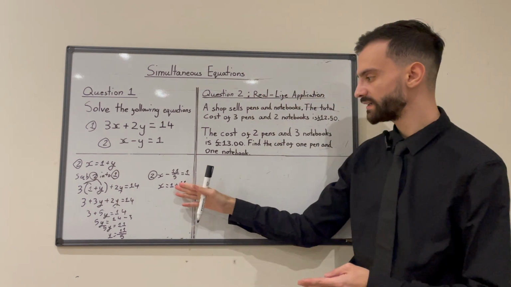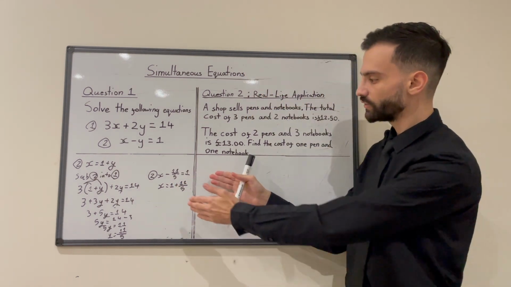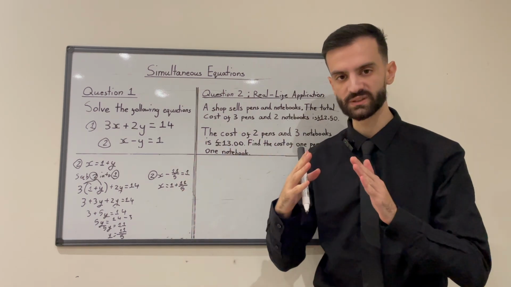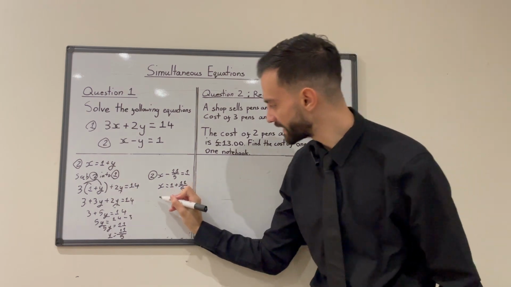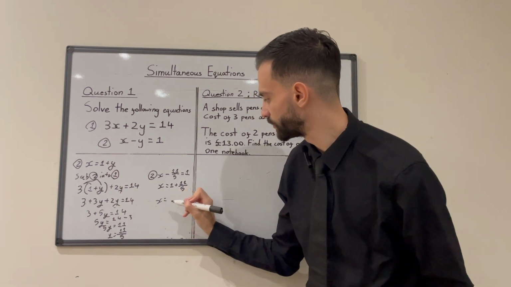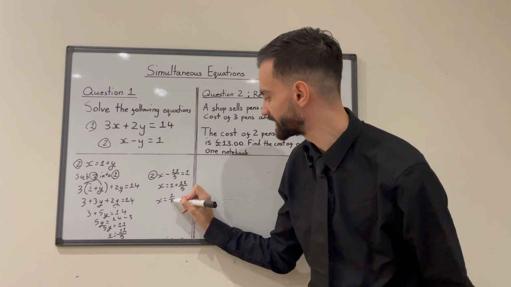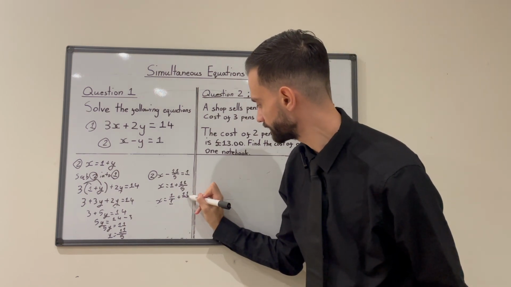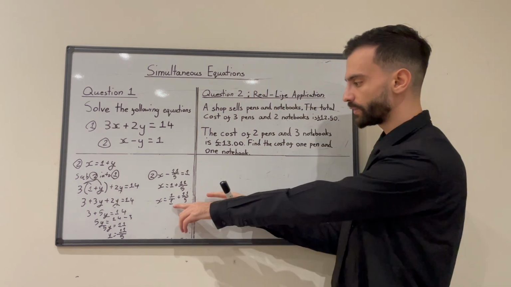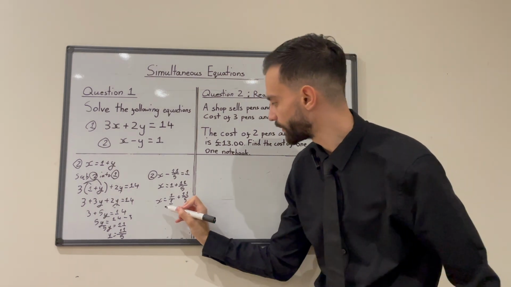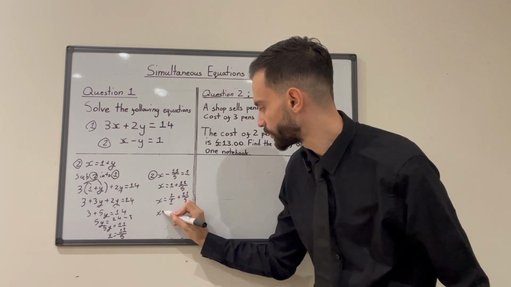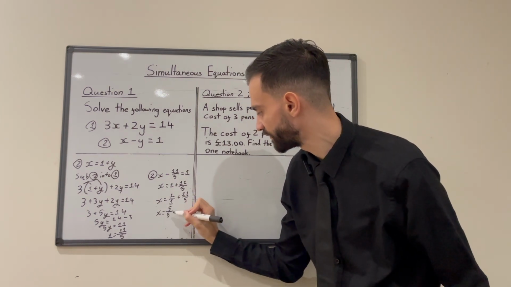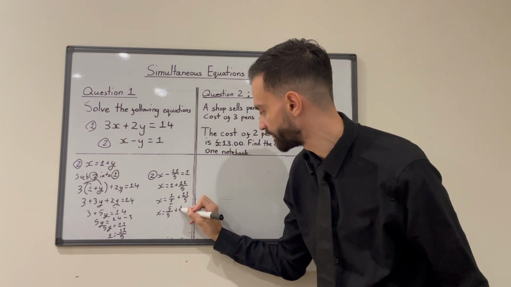And I see over here I have a normal number 1, and that's not in terms of a fraction, but I need to convert it into a fraction in order for these two to simplify. So I can write that as x is equal to 1 over 1, which is the same as 1, plus 11 over 5. Now I need the denominators to be the same to combine them, so I'm multiplying the top and bottom by 5, so that this fraction doesn't change, 5 over 5 plus 11 over 5.